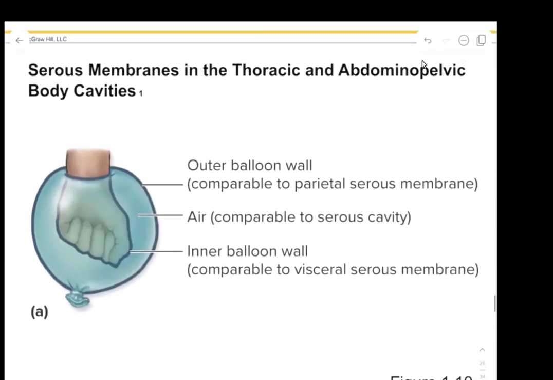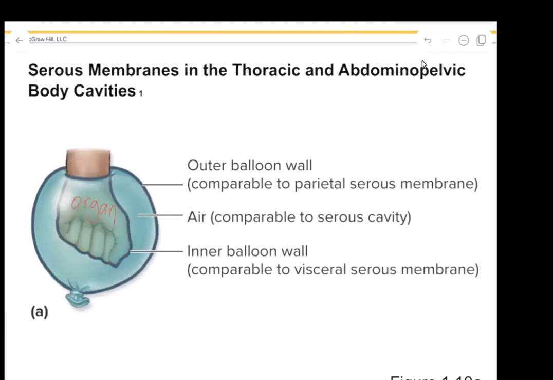Now, to give you an example of this, I want you to imagine if you put your fist inside of a balloon. There's going to be a part of the balloon which is touching your fist. So imagine that your fist is the organ, and the membrane touching your fist would be the visceral membrane.